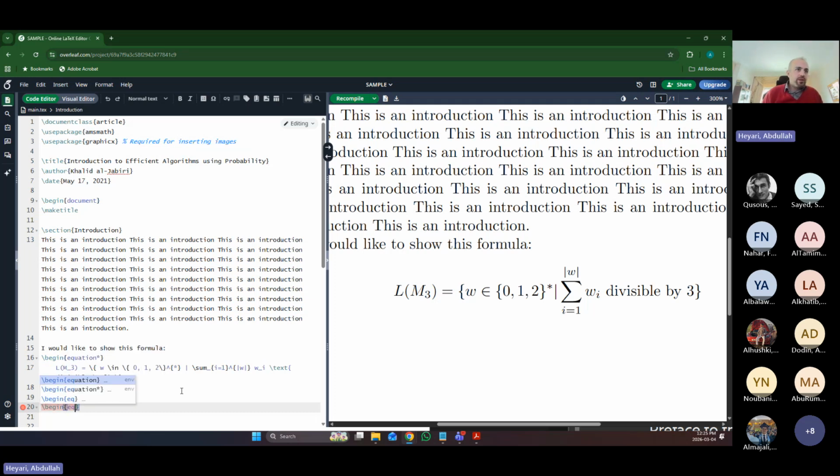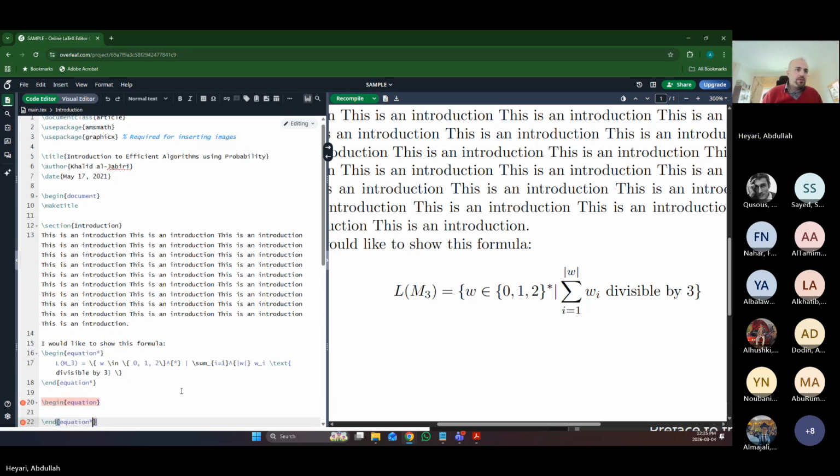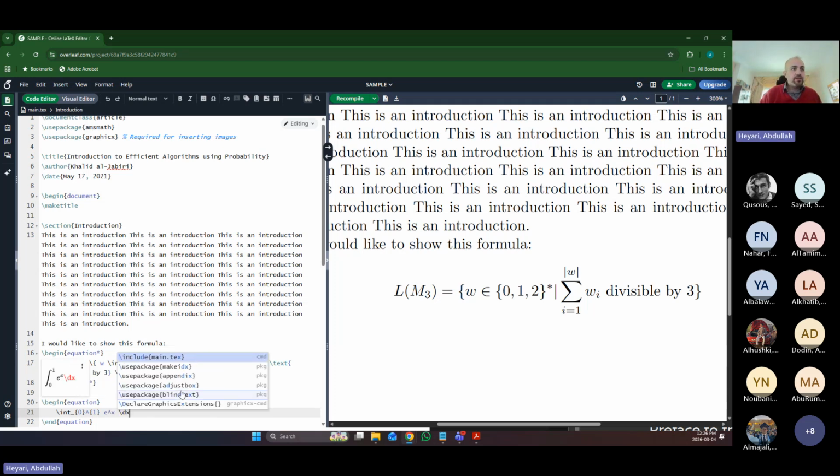Begin equation, if you want the equation to be numbered, so for example, the integral from 0 to 1 of e to the x dx. So this is how it should look.